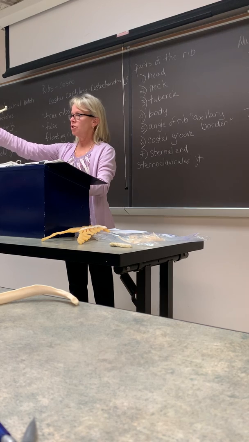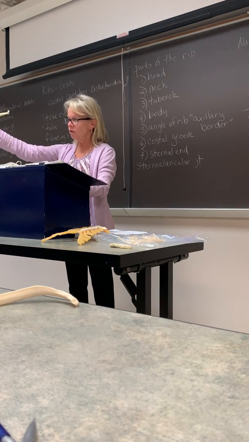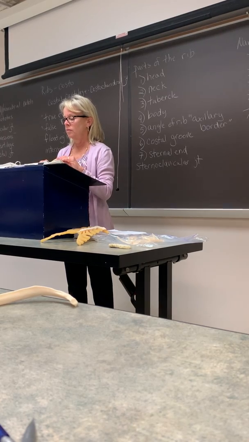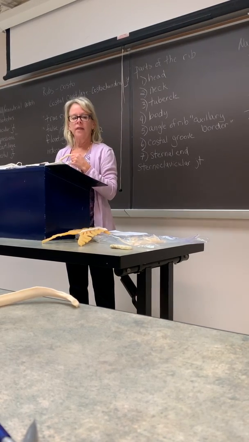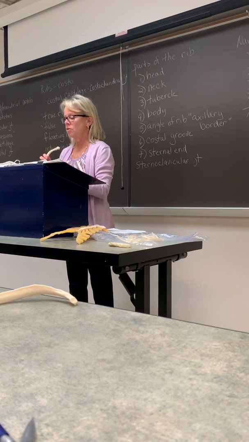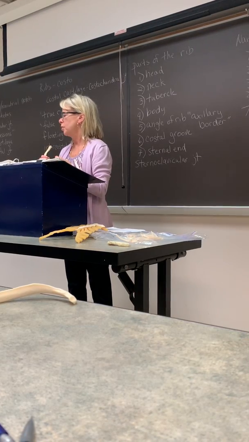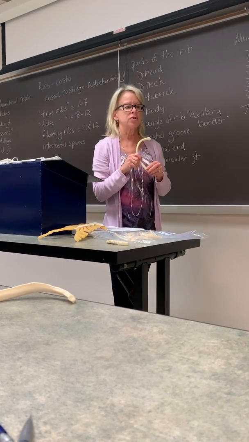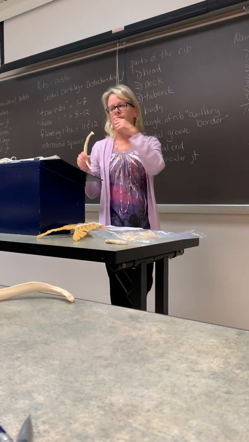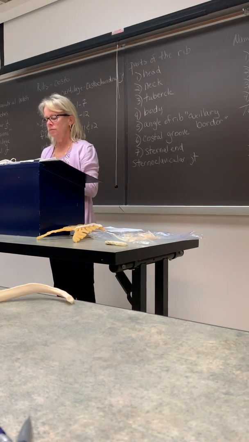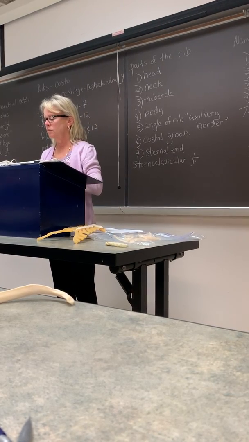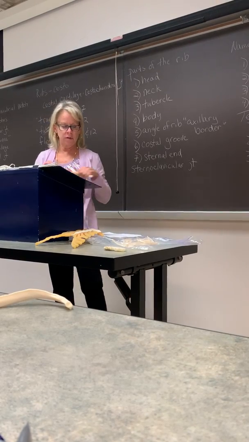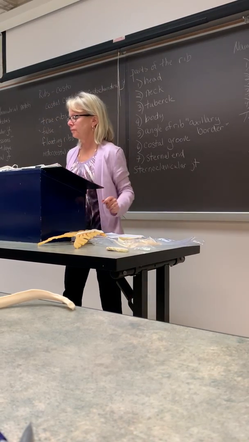Coming in the very anterior part is the costochondral. And the last one anteriorly is the sternocostal, but it's just 1 through 7, remember. Don't worry about the types of those, just know what they are.